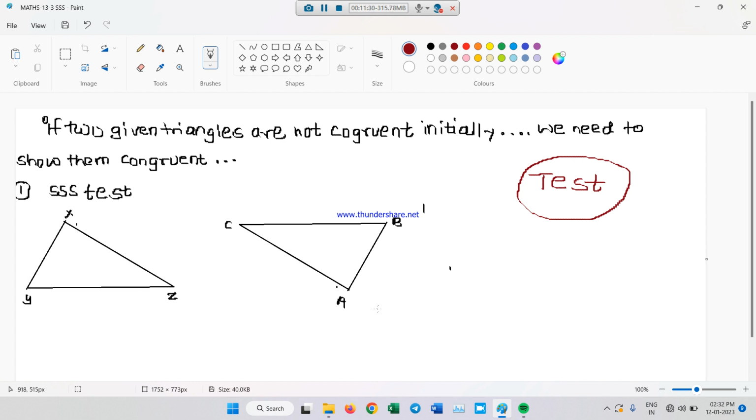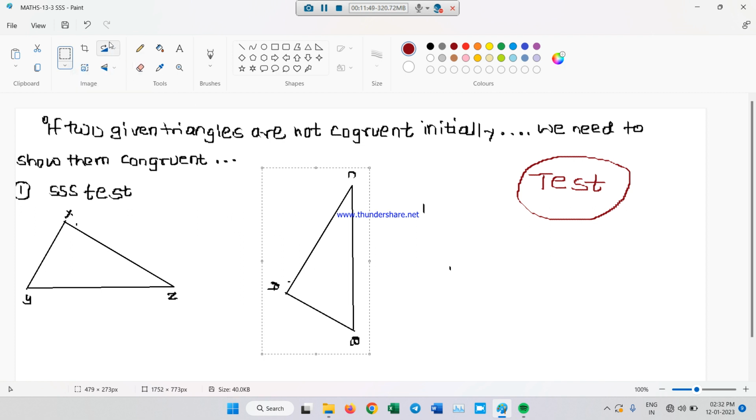The first test is SSS test. SSS test, it means what? The side XY. Okay, let's first of all do our very initial thing. Let's get the 1-to-1 correspondence done. Okay, so I have selected the second triangle.